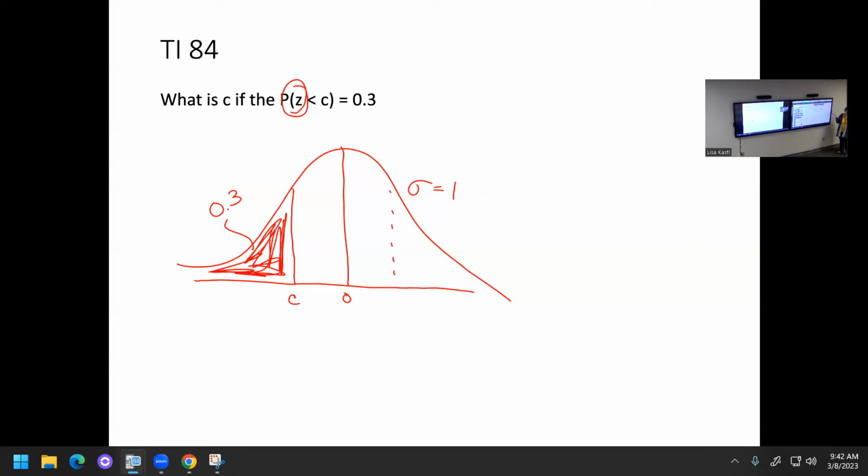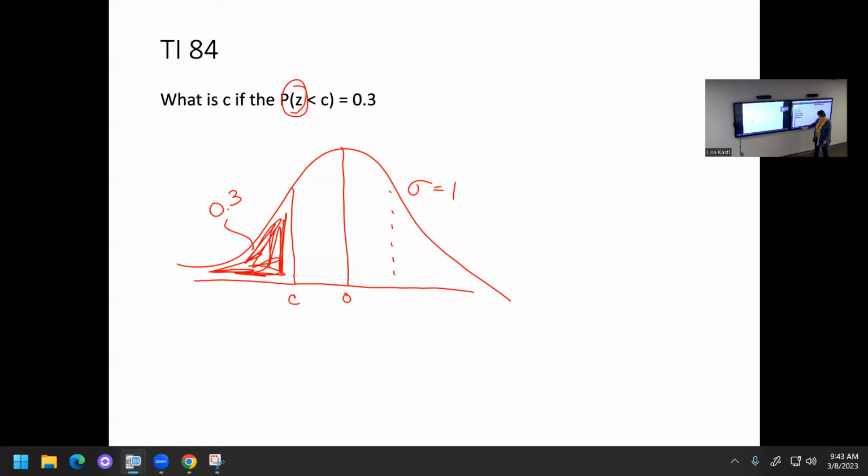Negative 0.5, is that what I saw from the table? How would I find my inverse normal again? It's going to be your distribution menu, second, variables, it is number 3. Okay. I think that's what my table told me, wasn't it?